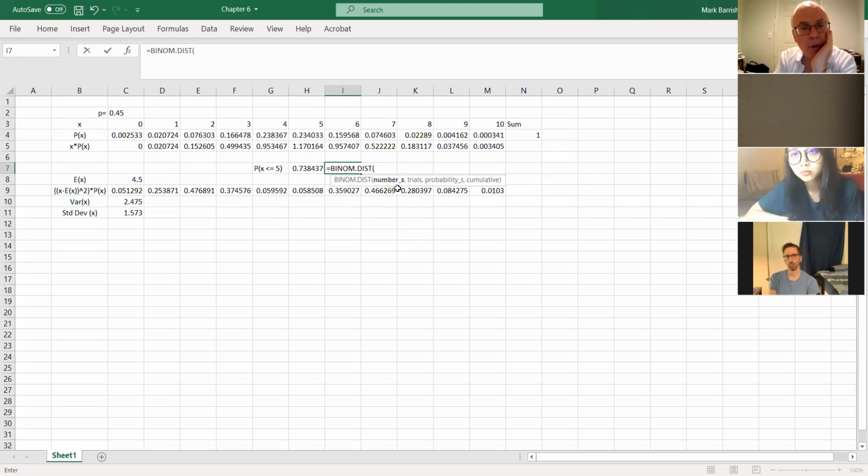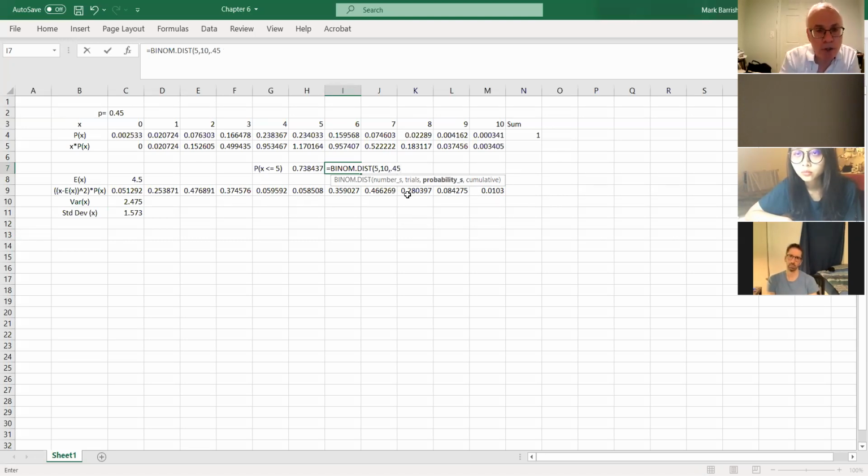The first one says number S, right? What's the number S? Number of successes. S means successes in Excel. Now I'm going to put 5 here. Number of trials is 10, right? Probability of success is 0.45. Now I could have, of course, pointed to things here, but let's just type in the numbers.